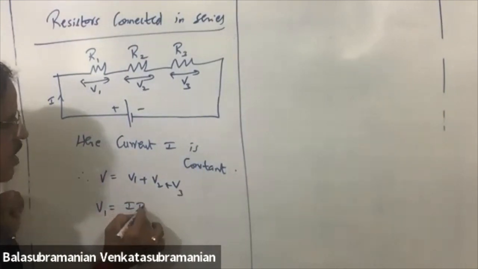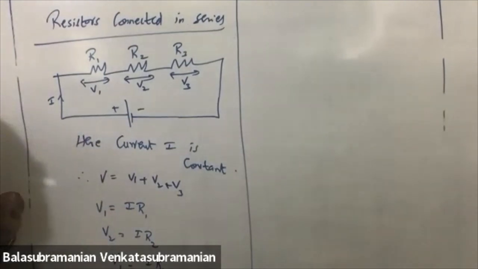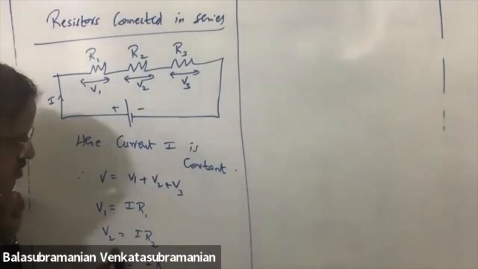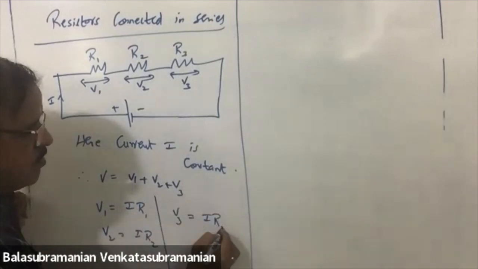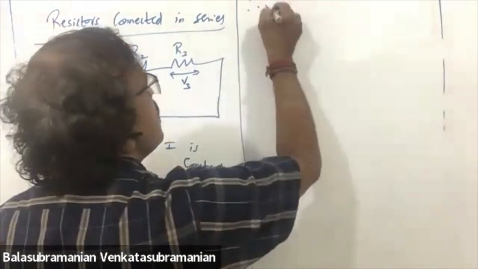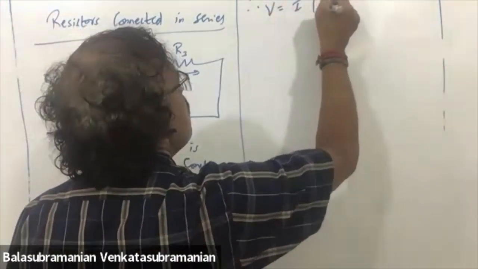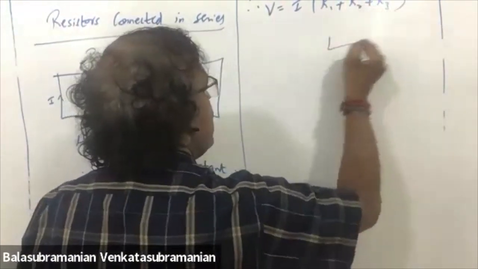V1 is IR1, V2 is IR2, V3 is IR3. So V is equal to I into R1 plus R2 plus R3. Equation 1.